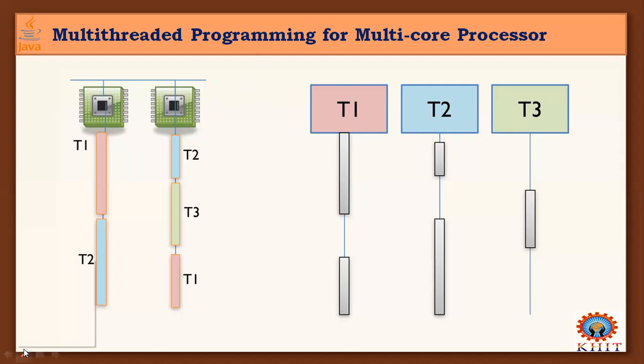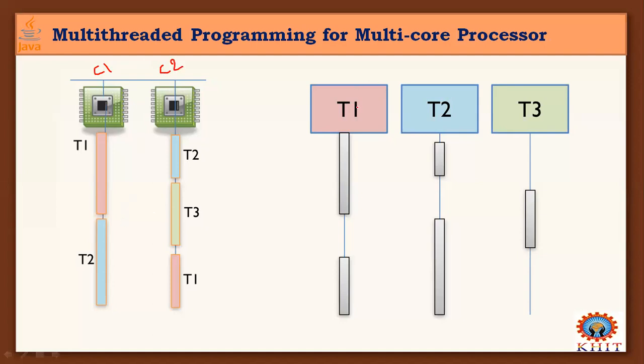So here in this multi-threaded programming for multi-core processors, we have two cores, CPU 1, core 1 and core 2 of my system, another processor.